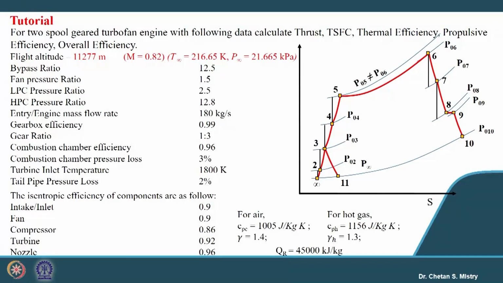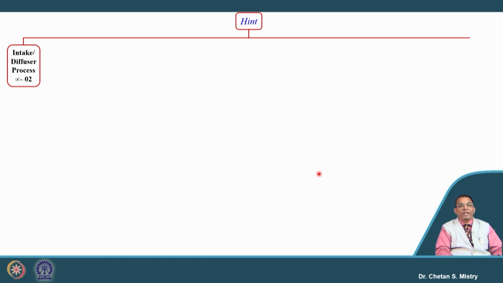So, in this case, let us move with all the information given to us. For the intake, we have the entry Mach number, entry temperature, pressure and diffuser efficiency.